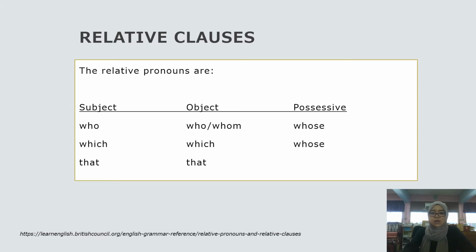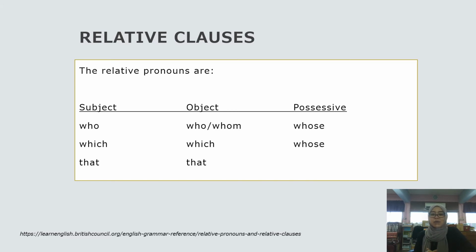But for this one, when we talk about relative pronouns, we actually talk about the words like who, which, that, whom, or whose. So these are normally the words that we will use for our relative clauses in relative pronouns. For the subject, if you can see in the first column, we have the words like who, which, and that.